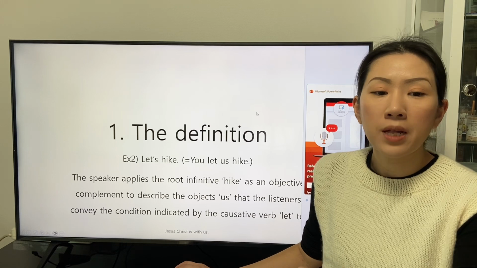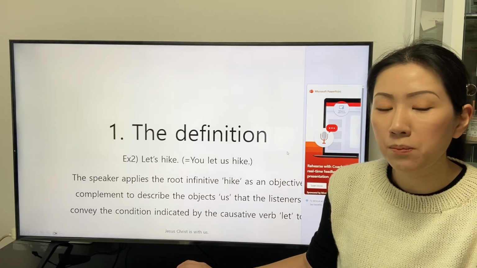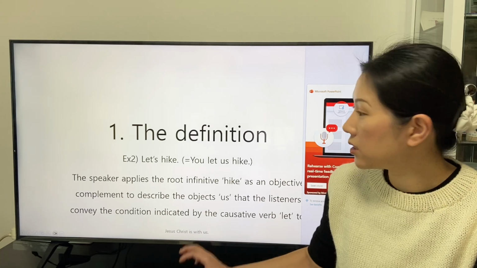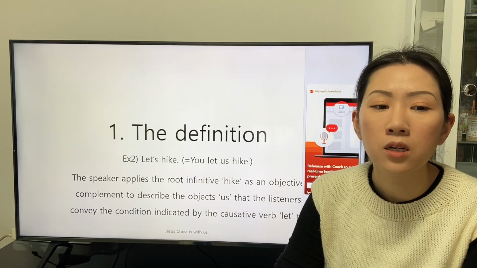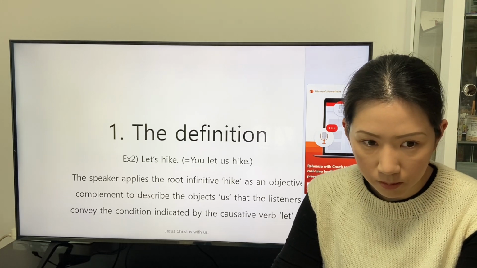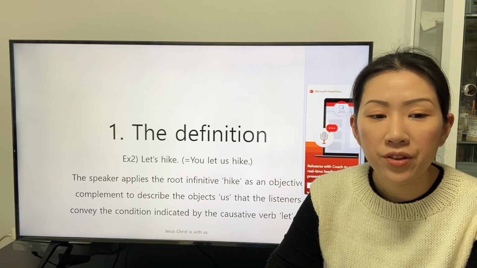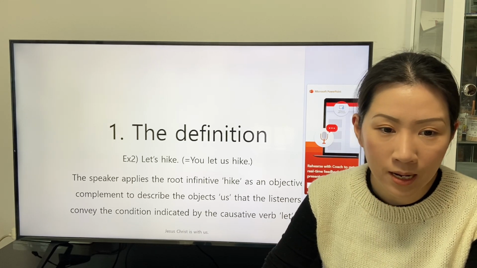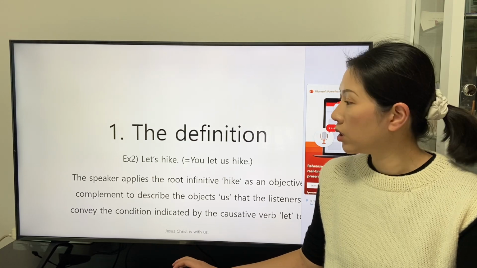The speaker applies the root infinitive hike as an objective complement to describe the object us, that the listeners convey the condition indicated by the causative verb let.